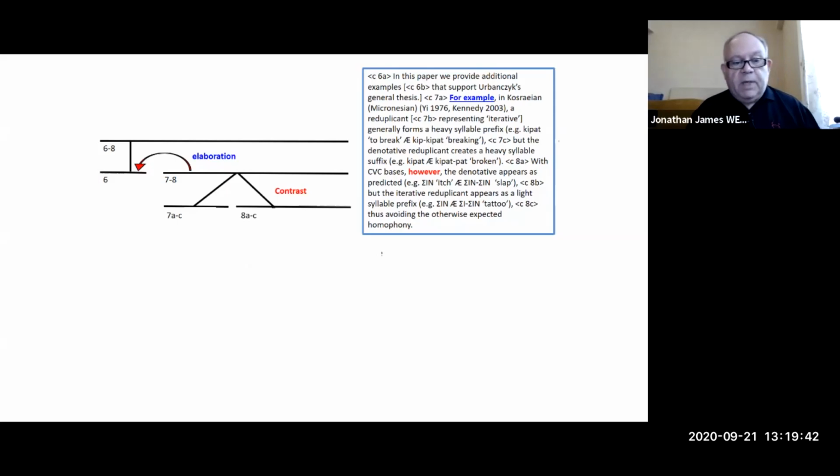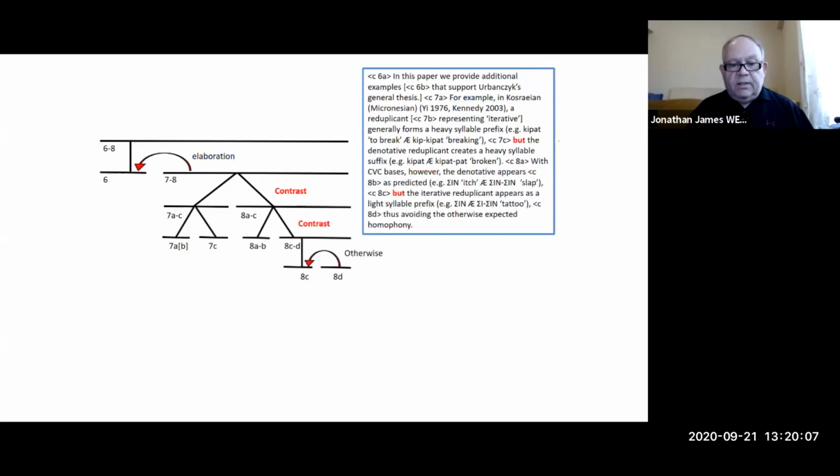Now, when I come back to 6 through 8, well, 7, elaboration. When it comes down to 7a and 8a, I see however, so I know there's contrast there. That was straightforward, just based on identifying those textual markers.